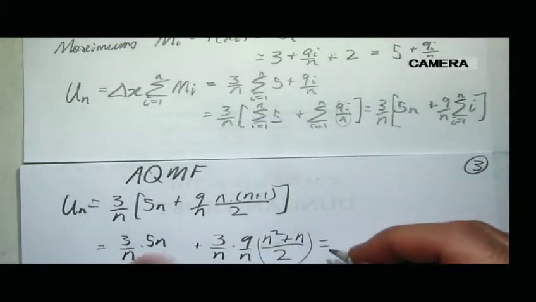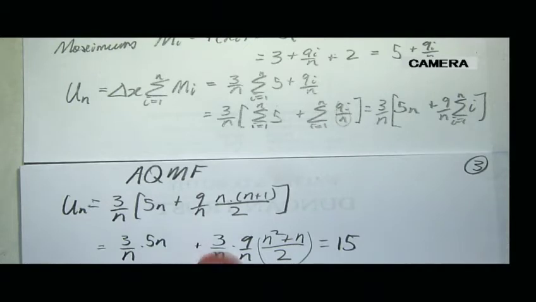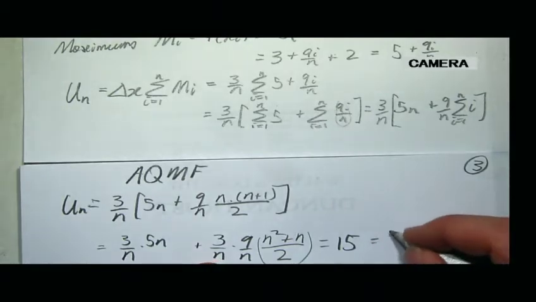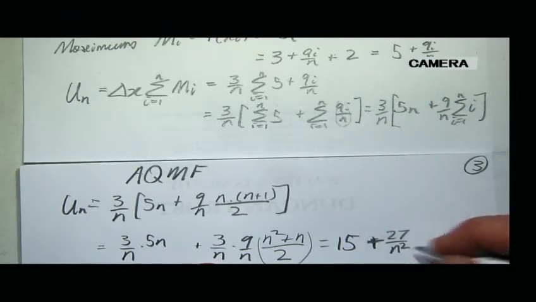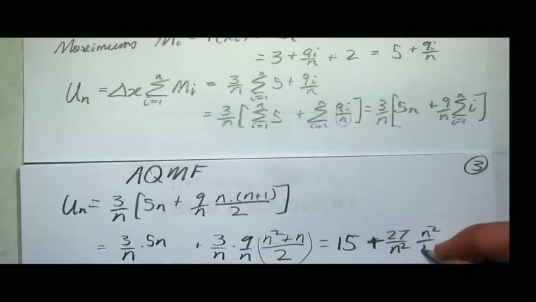So here, my n and my n cancel, and so I'm left with 15. Here I'm going to get plus 27 on n squared, and so I'm going to do n squared on 2 plus 27 on n squared times n on 2.